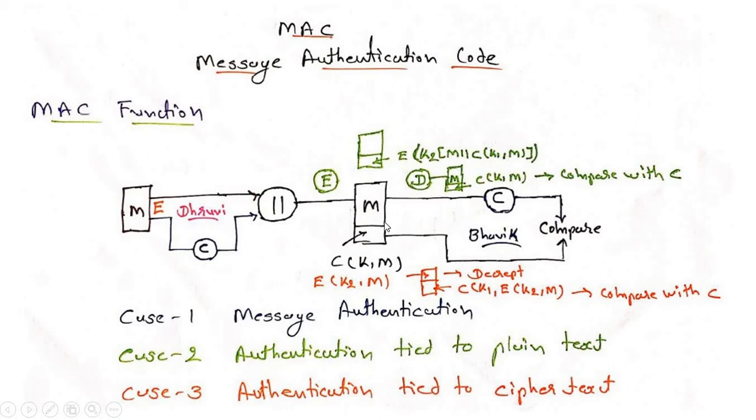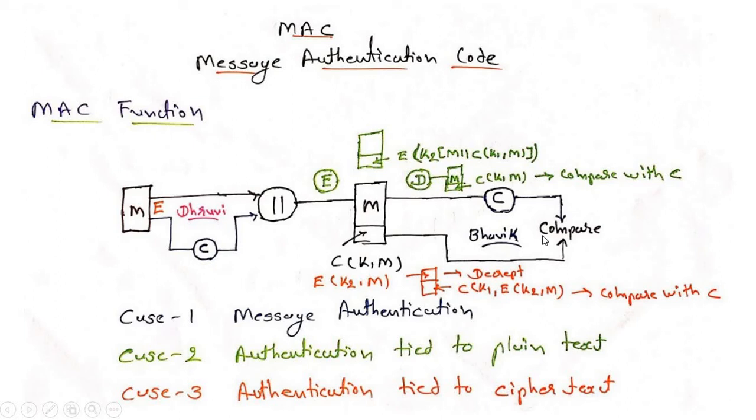So whenever the message is traveling in the channel, what is there? One original message plus one secret-key-applied message. Whenever the receiver receives the message, Bhavik will take the original message, apply the secret key on that message, and compare it with the secret key message.